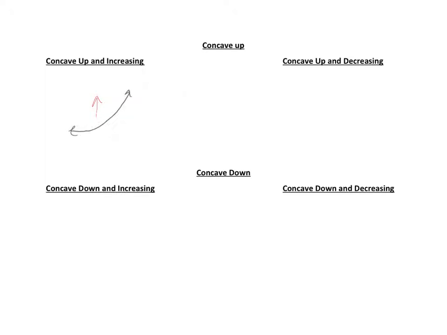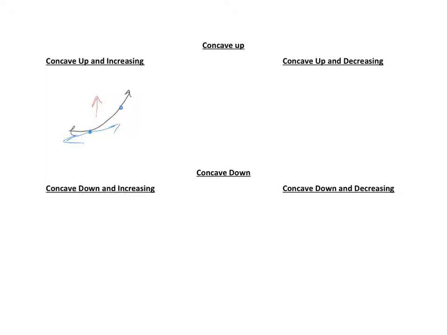There's something interesting happening here. Since this graph is concave up and increasing, if I think about the slope or the average rate of change at this point, it would have just a slight positive slope.